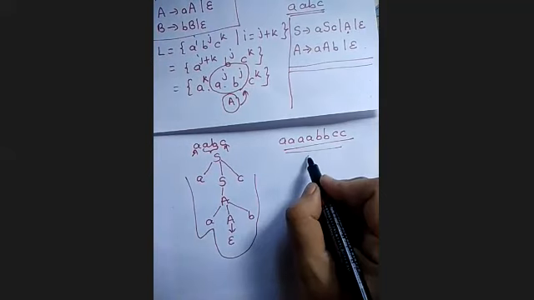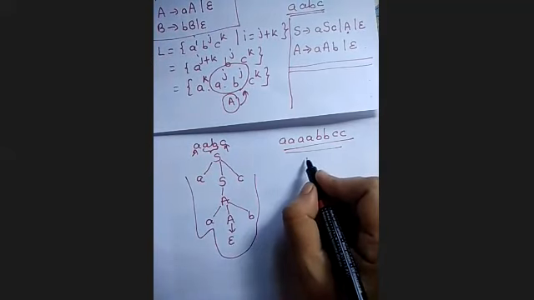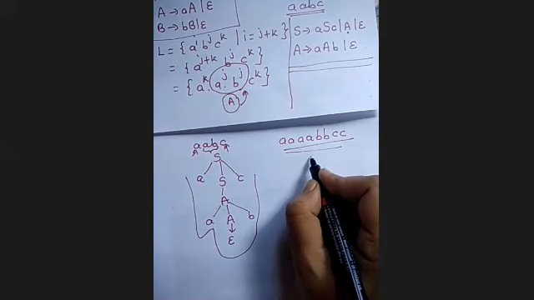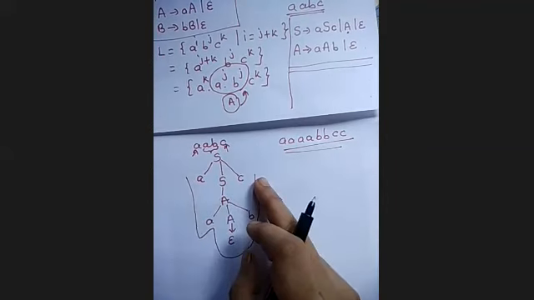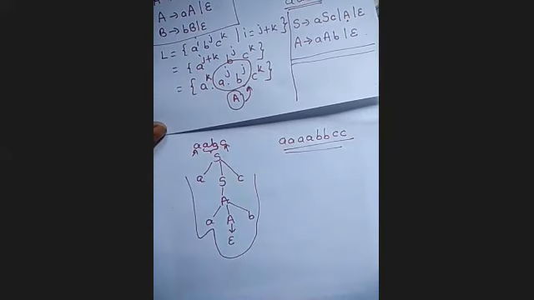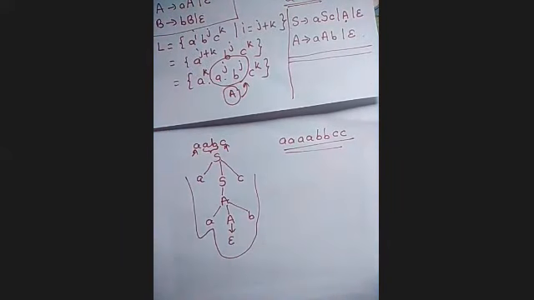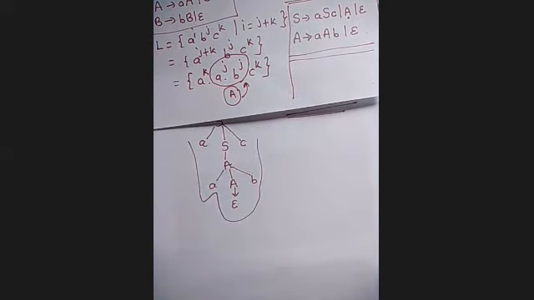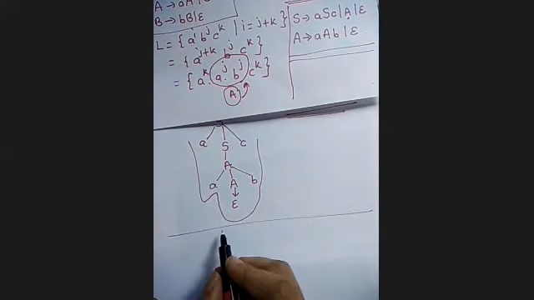Can you draw the tree? In the derivation tree, all the terminals should be your leaf node at the end. Your leaf node can be a terminal or epsilon. Root node is a start symbol. Interior nodes are the non-terminals for which you are going to apply the rule.